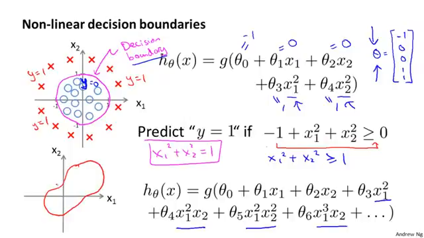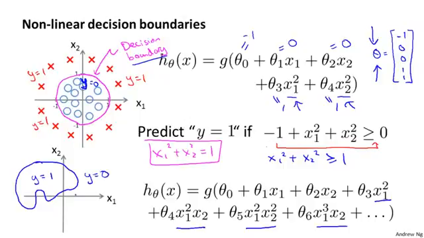Or for even more complex examples, maybe you can also get decision boundaries that could look like more complex shapes like that, where everything in here you predict y equals 1 and everything outside you predict y equals 0. So with these higher order polynomial features, you can get very complex decision boundaries.